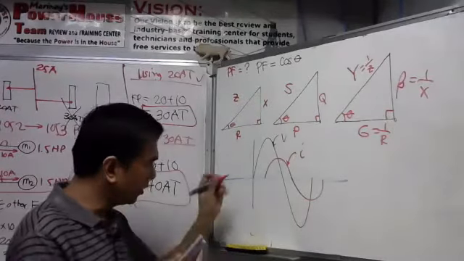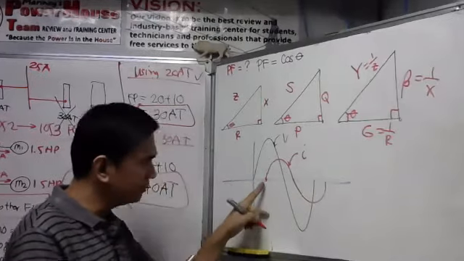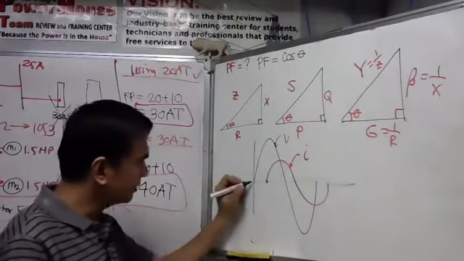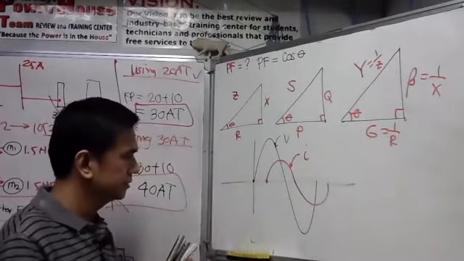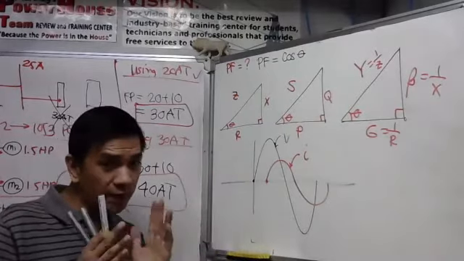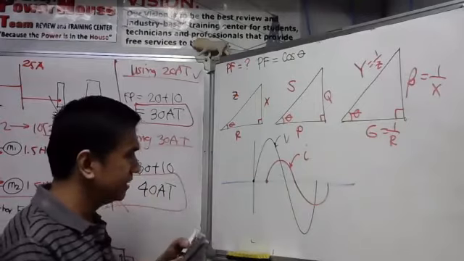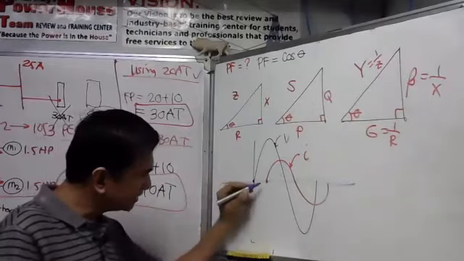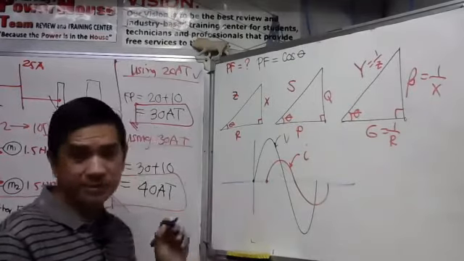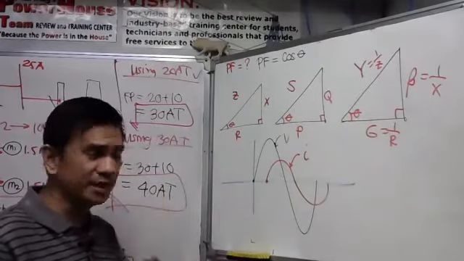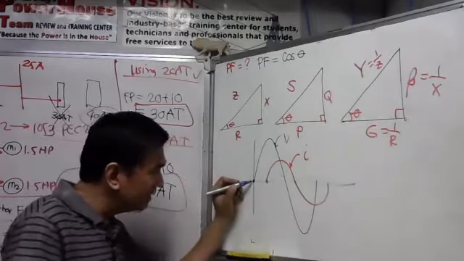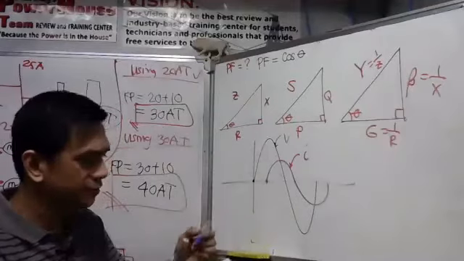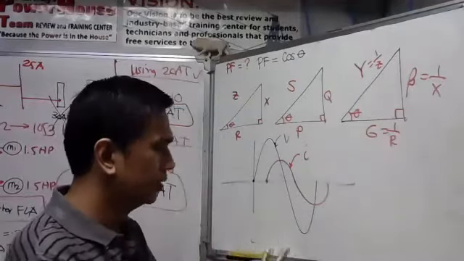Considering the starting point of this waveform, the starting point for the current, this is the starting point for the voltage. You are to get their phase displacement. Let us get their phase displacement, considering the distance between the two starting points. What is the starting point? It is the point wherein the next point is going to the positive direction. What do I mean?